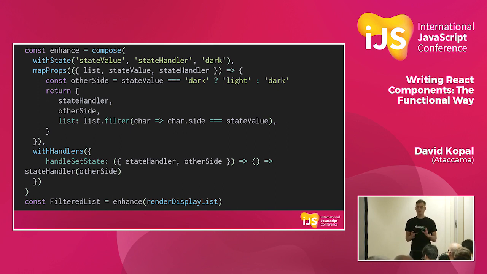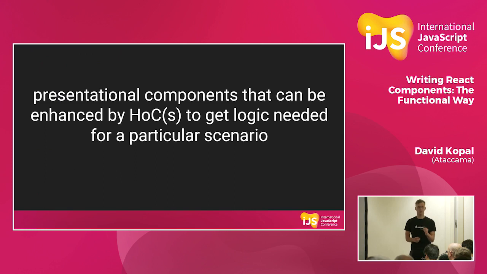Now, the cool thing about this approach is that if you take a look at some of our components, you just check the compose method and you see all the logic we are using in our component. And if you want to add or delete logic, you just need to use the compose function. And furthermore, if you want to see all the handlers we are using in our component, you just need to check the with handlers higher order component.